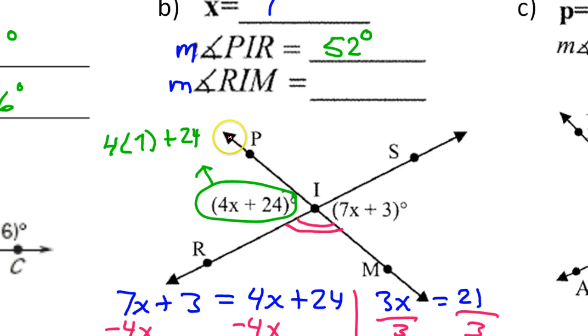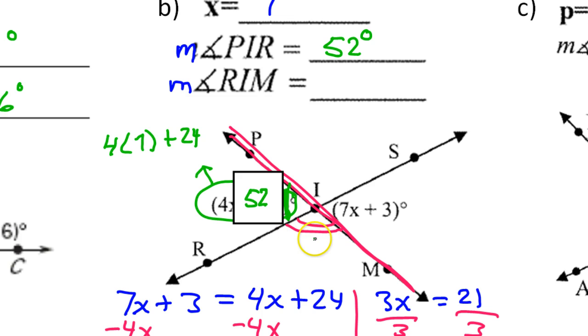But look, if you look at this straight line right here, I'm hoping that you can see that this green angle over here and this pink angle are a linear pair. So these two side by side have to add up to 180. If the green angle here is 52, like I just found, then I should be able to just subtract from 180.